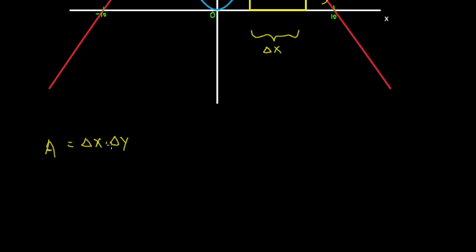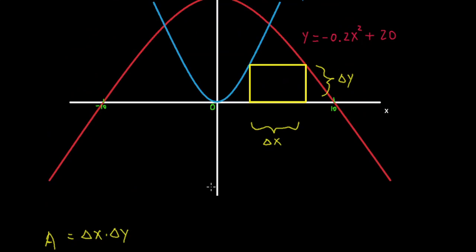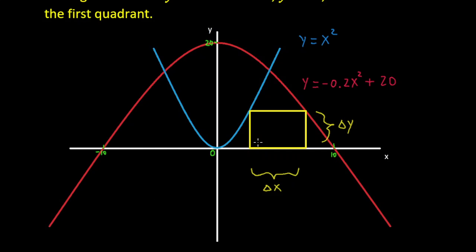Now, what is delta x and what's delta y? Let's look at delta y first. Notice that this rectangle will always sit on top of the x-axis here. Doesn't matter whether it's higher or lower. So for the y value, the starting point is always the origin, 0, and up to the top here, which is a y value.